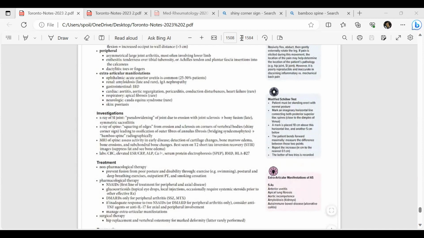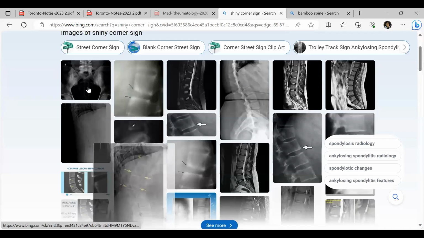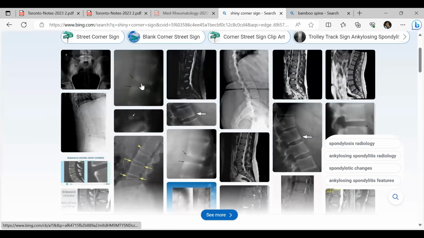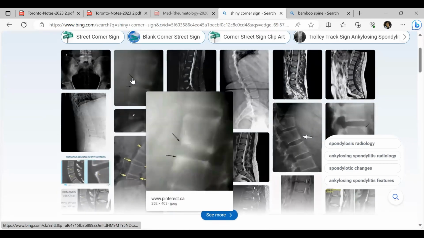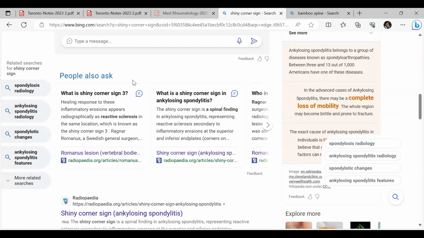So I just searched that shiny corner sign, and it's over here. It's like where the body is repairing that area, you know. I will just read it for you as well. Healing process: these inflammatory erosions appear radiologically as reactive sclerosis in the same location, which is known as the shiny corner sign.